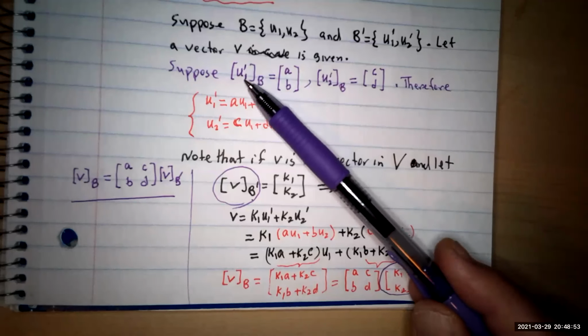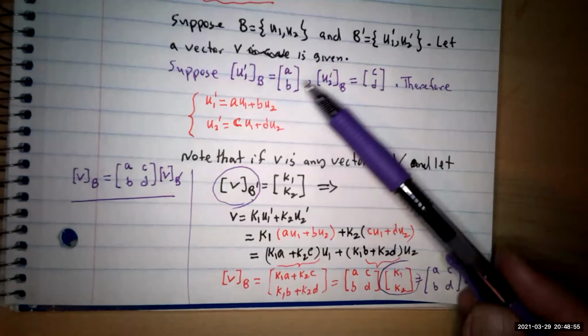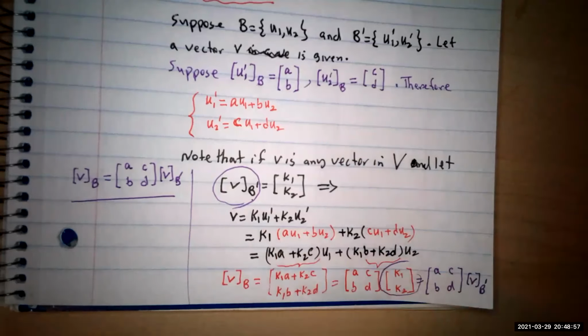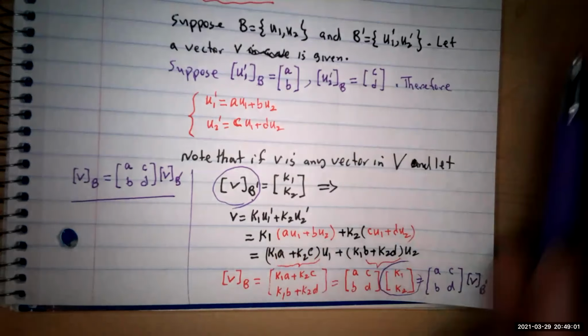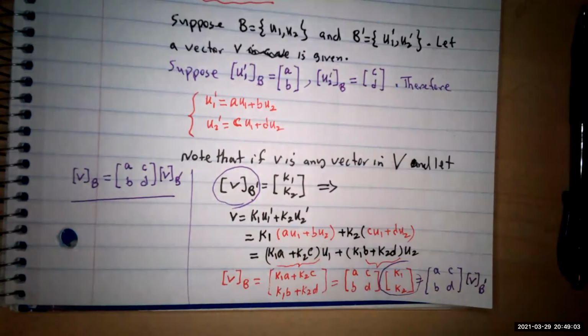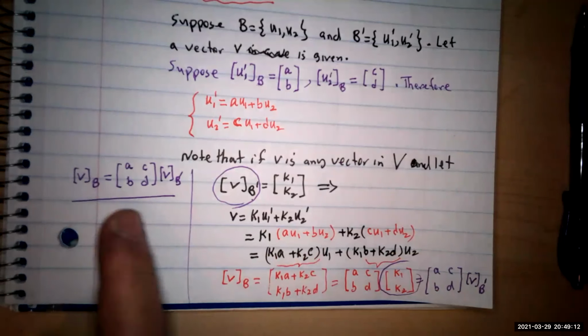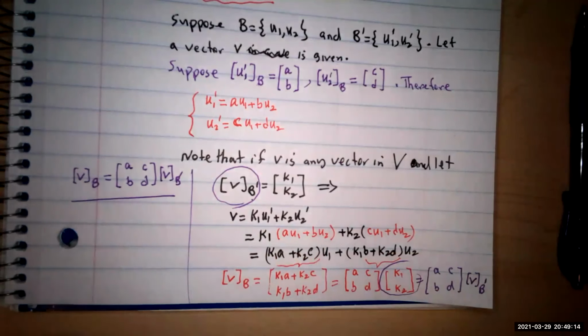So if you just find these two at the beginning, you can put them over here and get the result right away. But as you can see, this is just for 2 by 2, and if you want to do it for 3 by 3, it's going to be quite a lot. But it gives us an idea of how we can put them together.